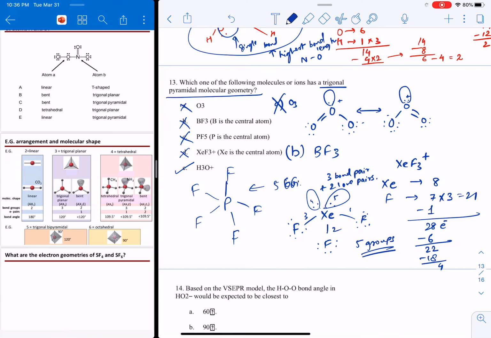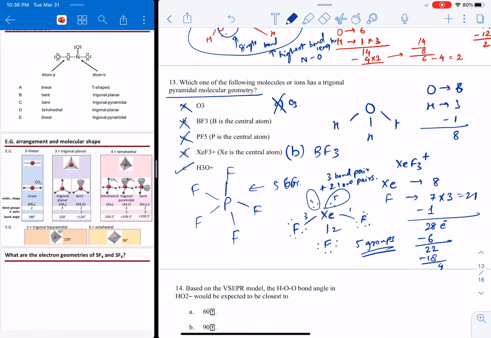But let's see how we make its structure. So oxygen gives you 6, hydrogen gives you 3, and it's H3O plus, so it's minus 1, so it gives you 8. I think we have made the structure earlier, but still I will make it again. So oxygen is the center, H, H, H, that uses 6, remaining 2 electrons.